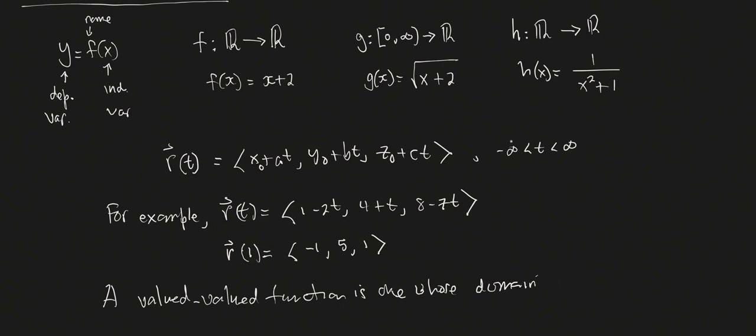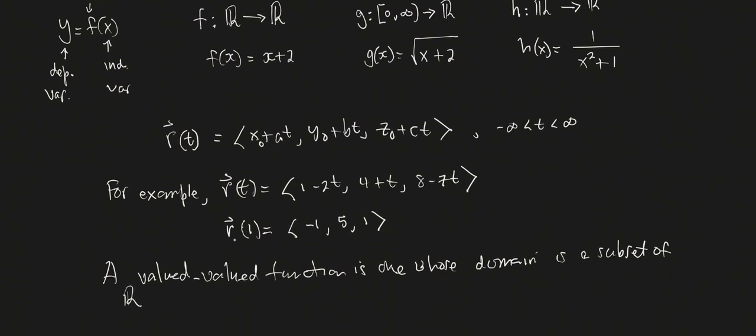So again, it could be all real numbers or it might not be, but we're going to start with real numbers. So I'll say whose domain is a subset of R, right? So that's what we're plugging in.